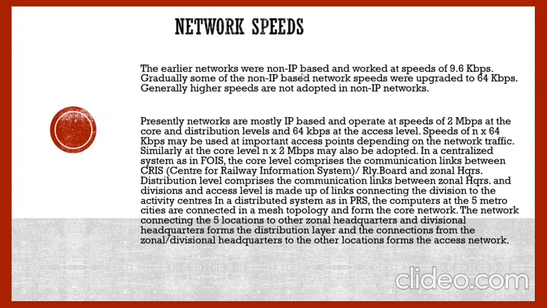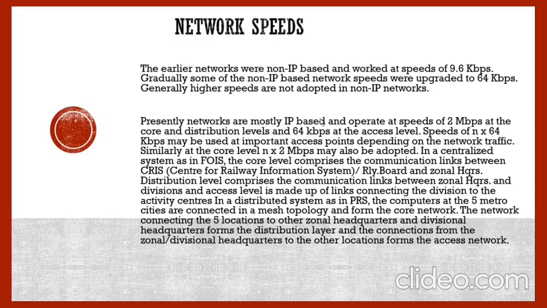Earlier, in the initial stage when it was non-IP based, the working speed was 9.6 kbps, and gradually the non-IP based network speed went up to 64 kbps. This is the initial speed from a way back. I think this document was established some 5 or 6 years ago. I don't know the exact date, but it is a bit old document established by Indian Railway, and this data has been carried from there.